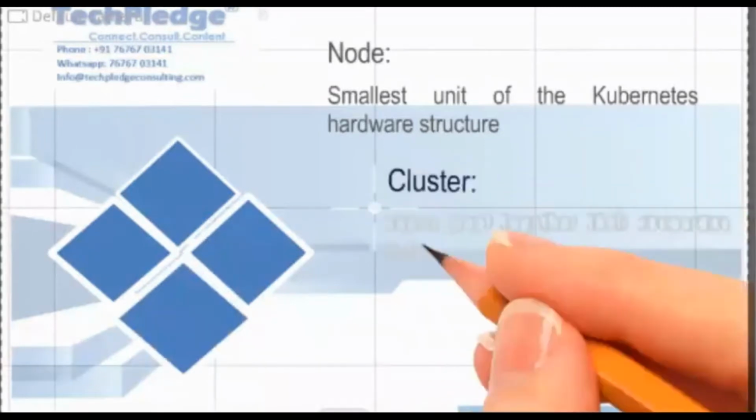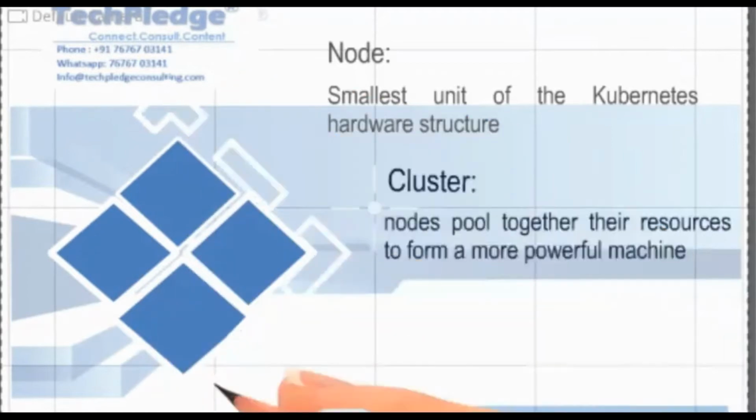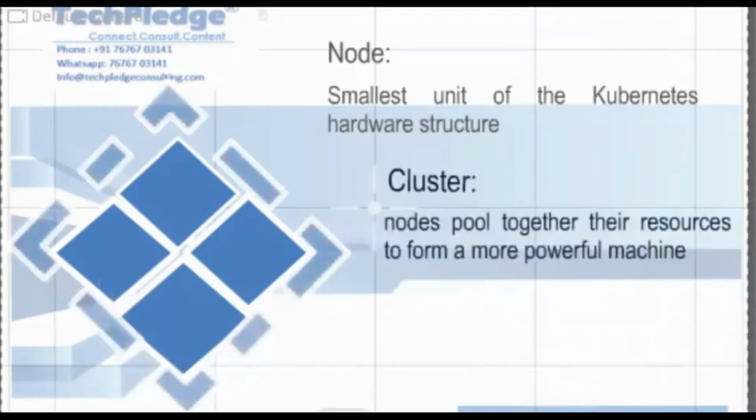A cluster is a pool of nodes that helps us maintain our program. Let's say I published my program onto 4 different nodes. Now if one node goes down, my cluster is intelligent enough to shift that workload onto the other 3 nodes, right? So this gives us a very reliable structure for our containers.